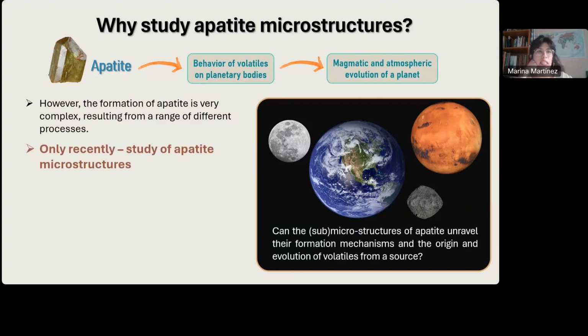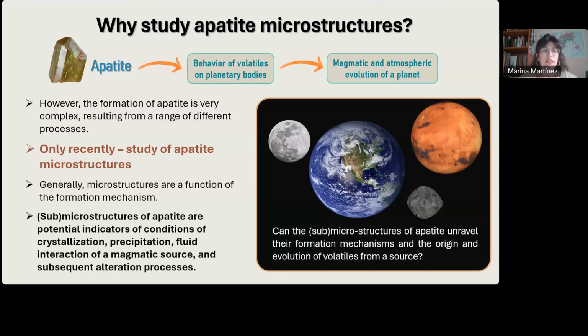Only recently have a number of studies been dedicated to understanding apatite microstructures. Because microstructures are usually a function of the formation mechanism, they can be very useful. Some microstructures of apatite are potential indicators of the conditions of crystallization, precipitation, fluid interaction of a magmatic source, and subsequent alteration processes.